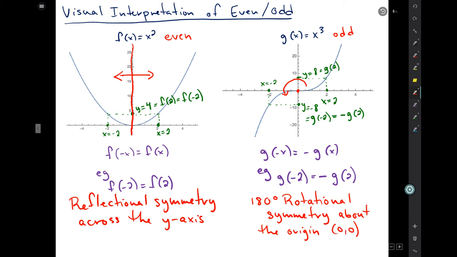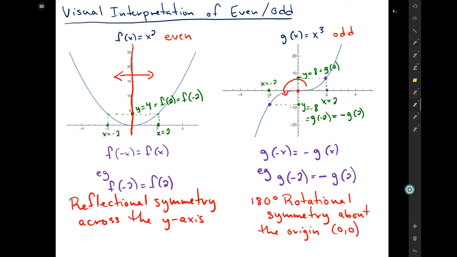So the idea behind this is that if I plug in the opposite x value, the negative x value, I get the negative y value. So a point that is in quadrant 1 up here is going to end up down in quadrant 3. I have to take the negative of the x value and the y value.